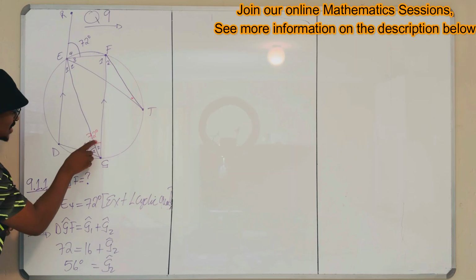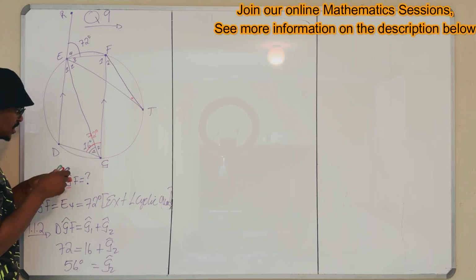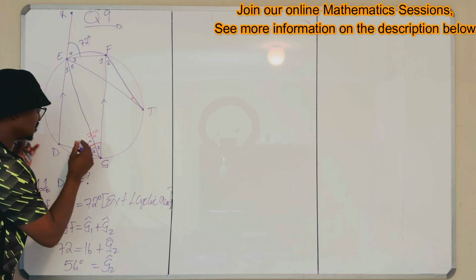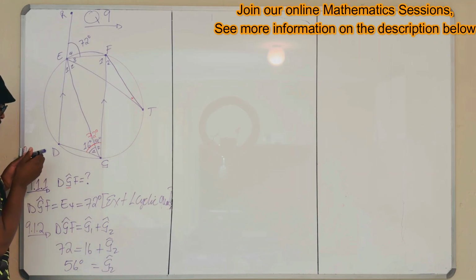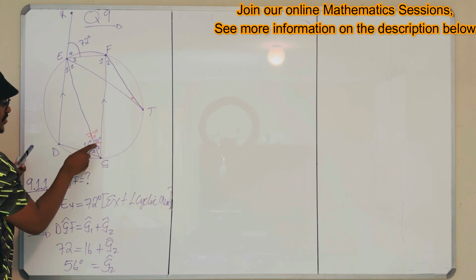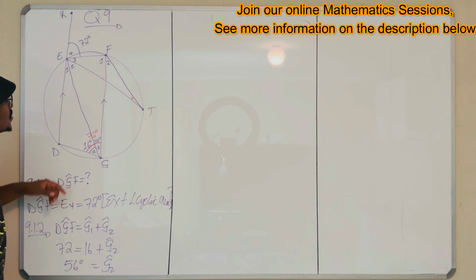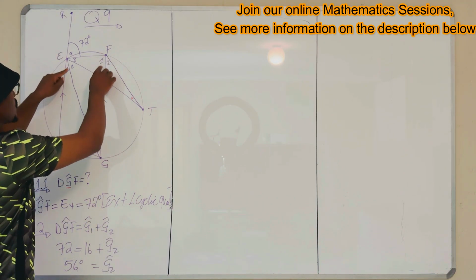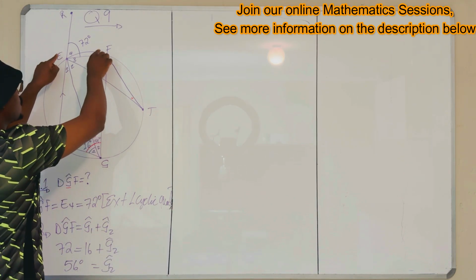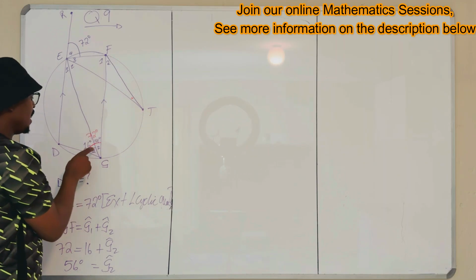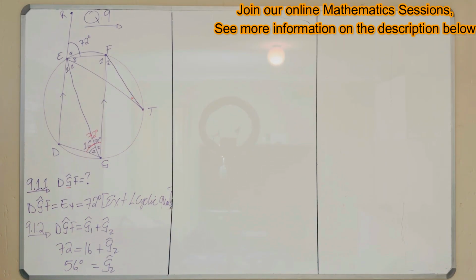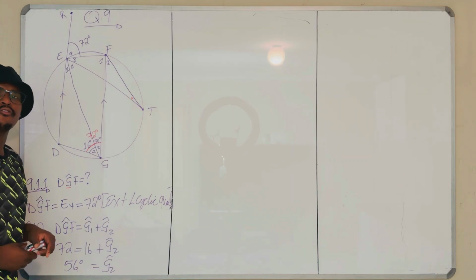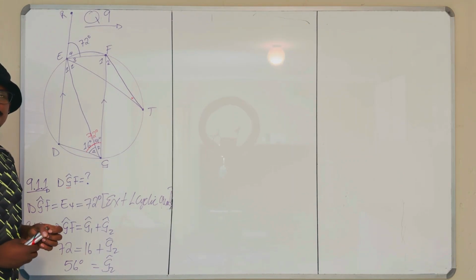So this angle over here is 56 degrees. This 56 degrees is formed by EF, and your EF also forms angle T. So angle G2 and angle T are going to be equal because those are angles in the same segment, angles that are subtended by the same chord or the same arc, which is EF in this case.